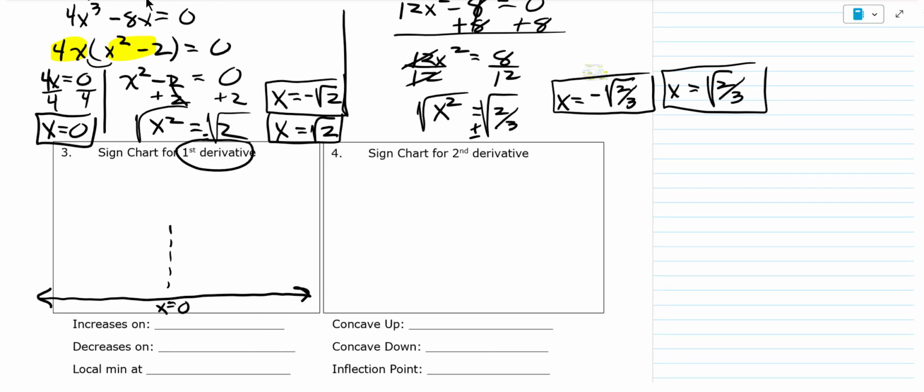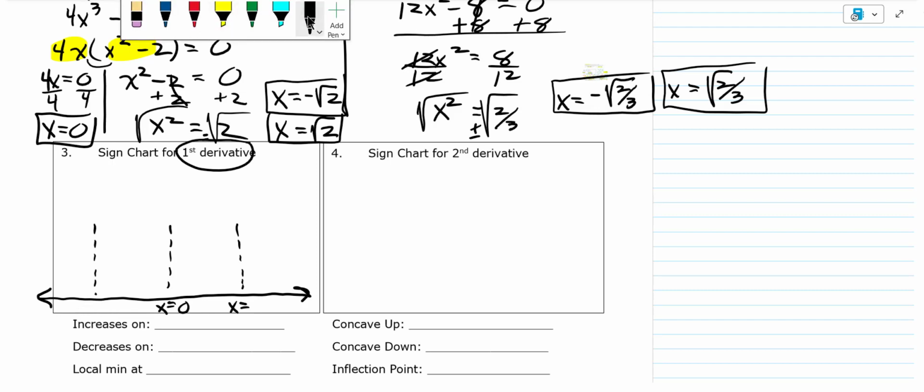Make sure you always put this in order. You had x equals negative root 2, and then over here we got positive root 2.